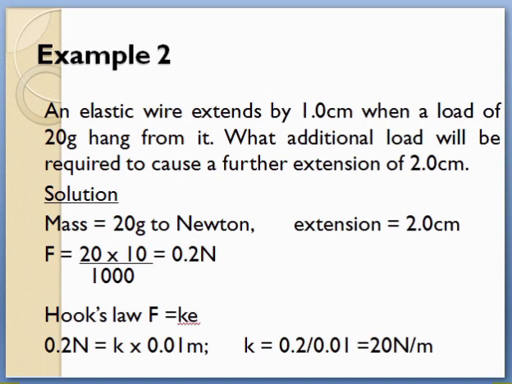Then we now have 0.2 Newton is equal to K times 0.01 meter. By simplification, thereby making K the subject of formula, and dividing 0.2 Newton by 0.01 meter, then our force constant will be given as 20 Newton per meter.